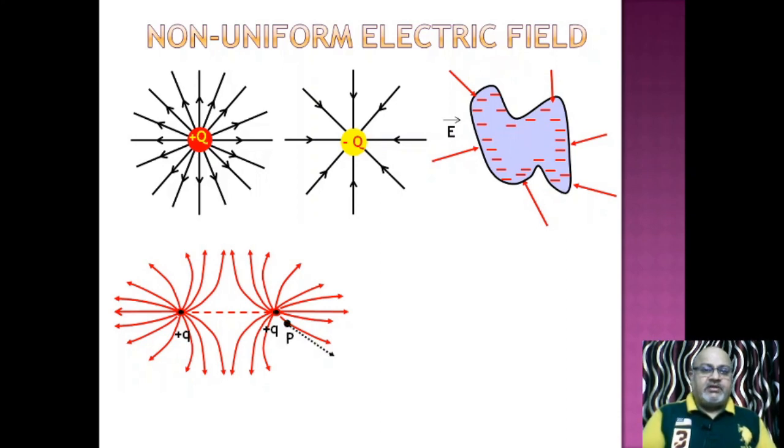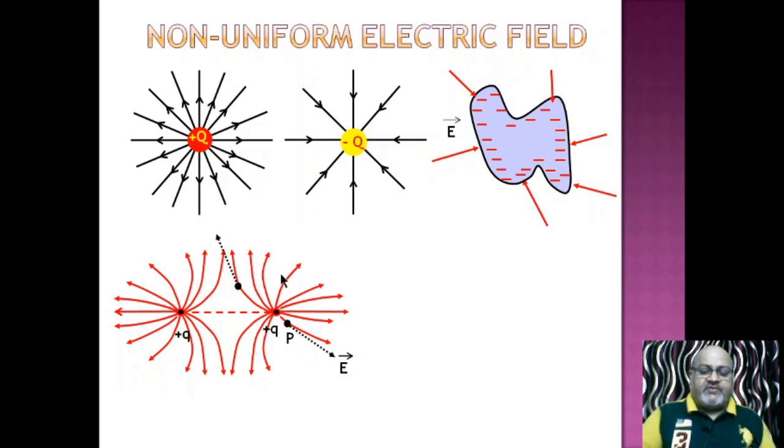See one point P. Here electric field intensity is along this tangent. This is the electric field. But suppose I take another point somewhere here where my cursor is moving. This is another point, and here the direction of electric field is upward along this dotted line.